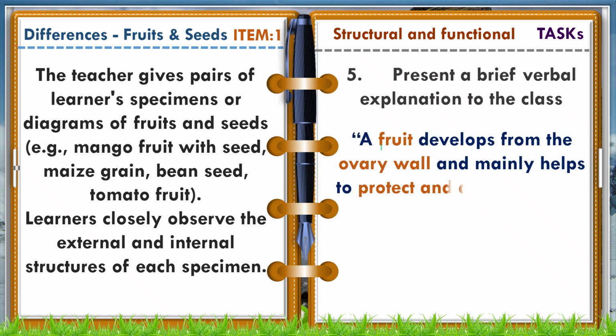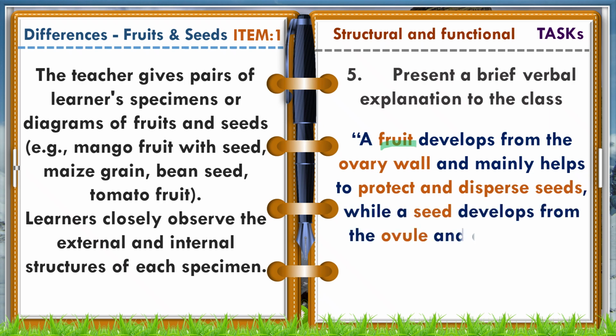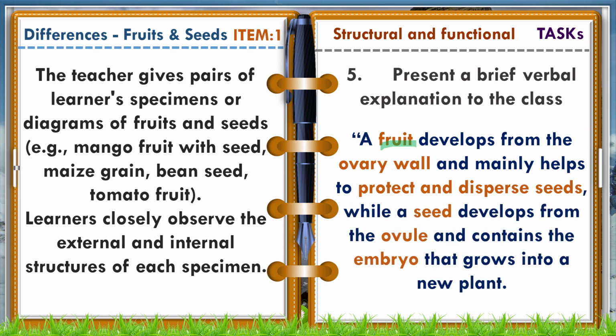Now, a fruit develops from the ovary wall, and it mainly helps to protect and disperse seeds. Whereas the seed develops from the ovule, and it contains the embryo that grows into a new plant.